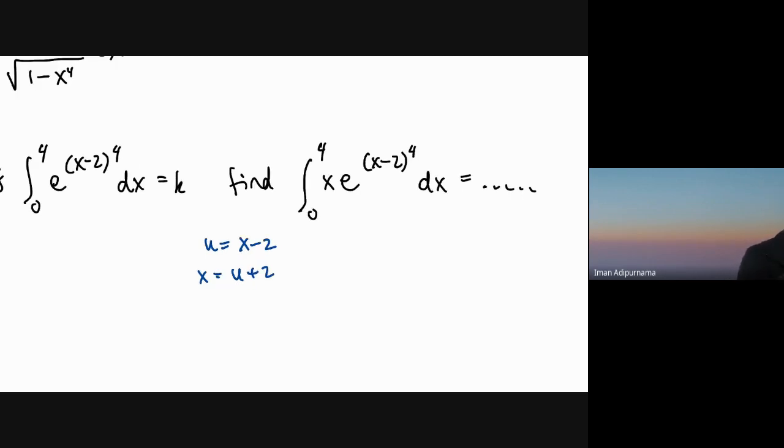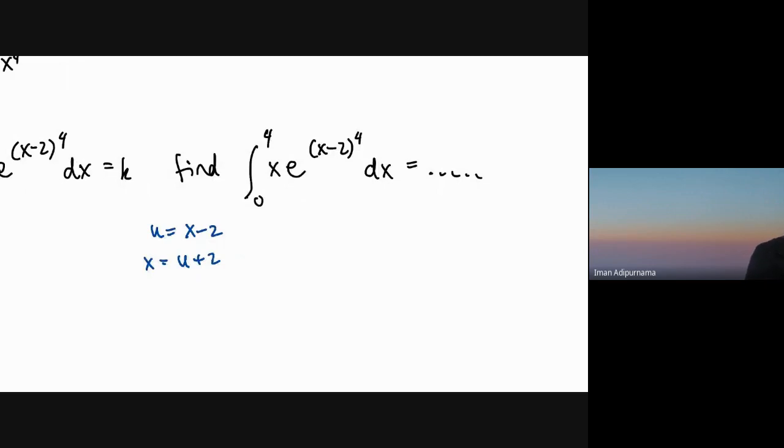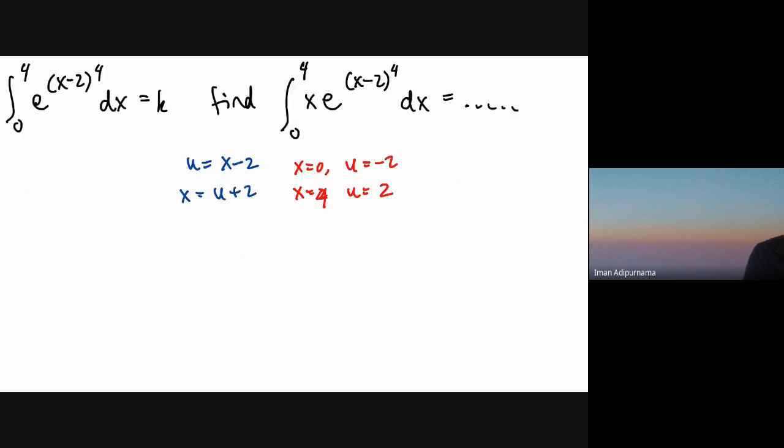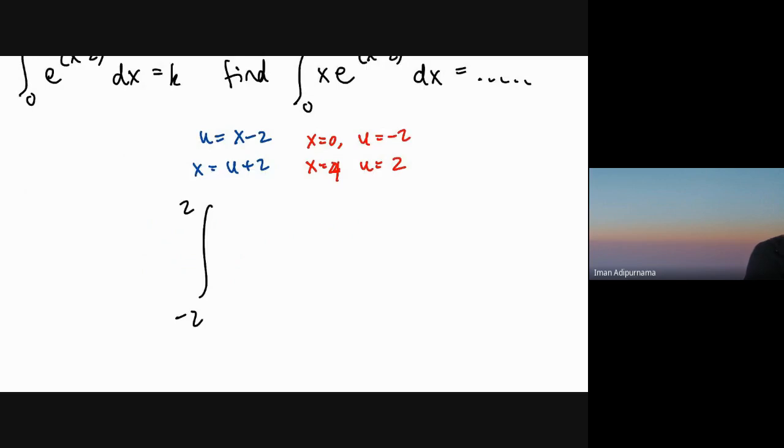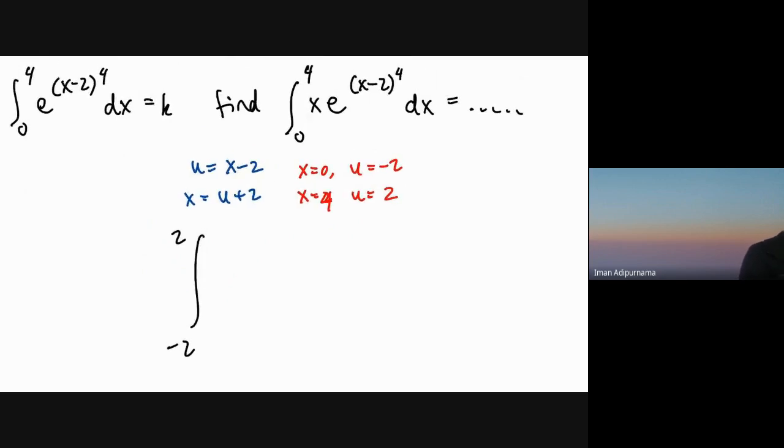Now when x is 0, u is negative 2. When x is 4, u is 4 minus 2, which is 2. So we will have the integral from negative 2 to 2. x is u plus 2, and e to the u to the fourth, and then du.